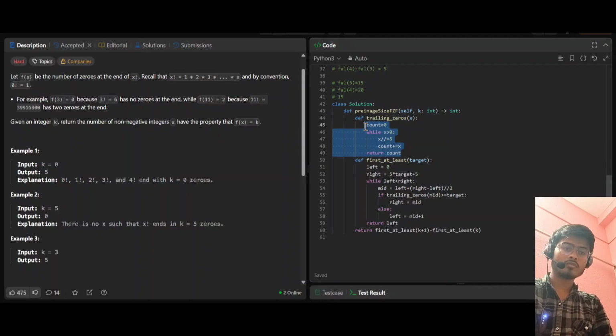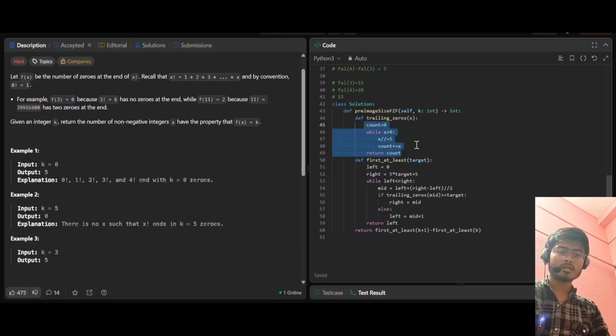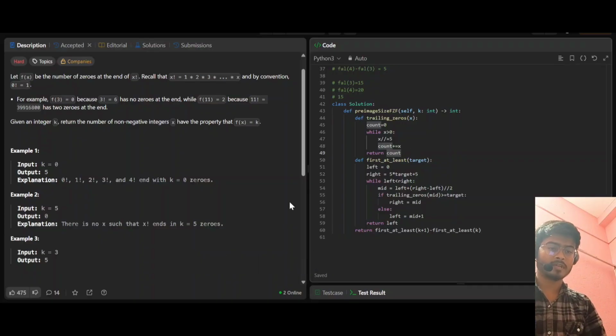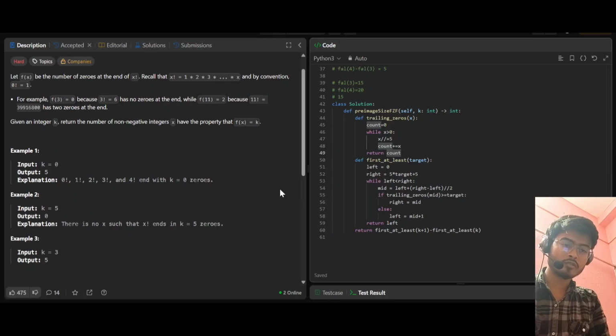Therefore, the overall time complexity is approximately O of log squared k. More precisely, it can be written as O of log k into log base 5 of k. The space complexity is O of 1 because we only use a few variables and no additional data structures.